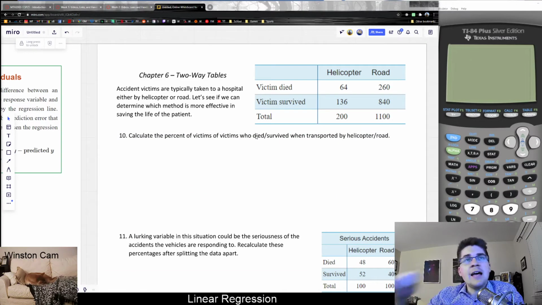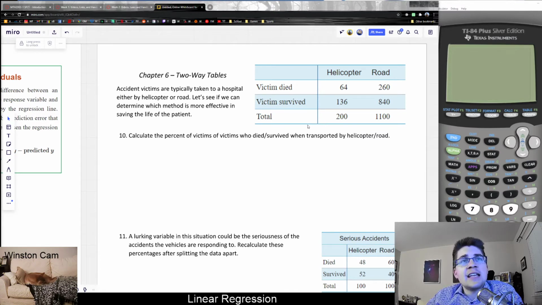So actually, what I wanted to do in our lecture notes is look through example 6.4 from our textbook, because I thought it was a really strong example of a marginal distribution, since marginal distributions can be misleading when we don't break them apart, and it also looks at how lurking variables can be at play.